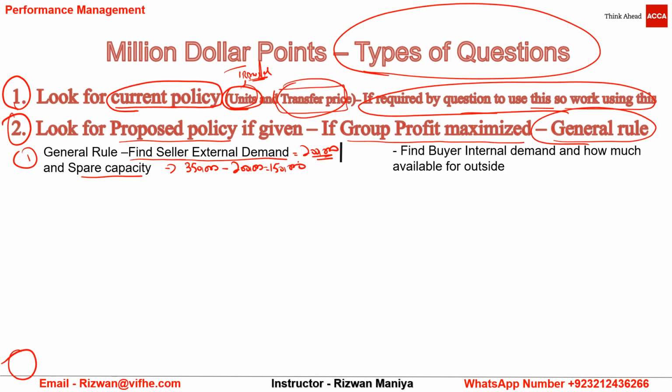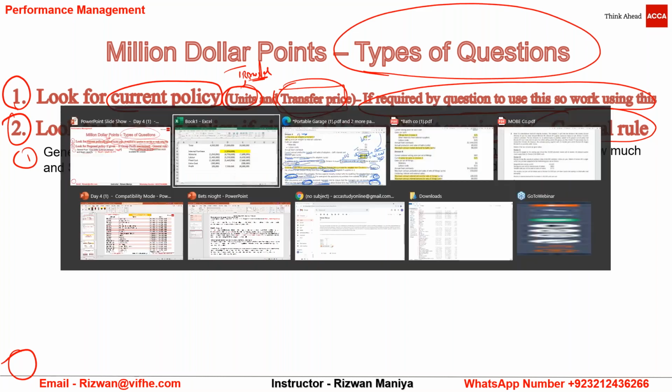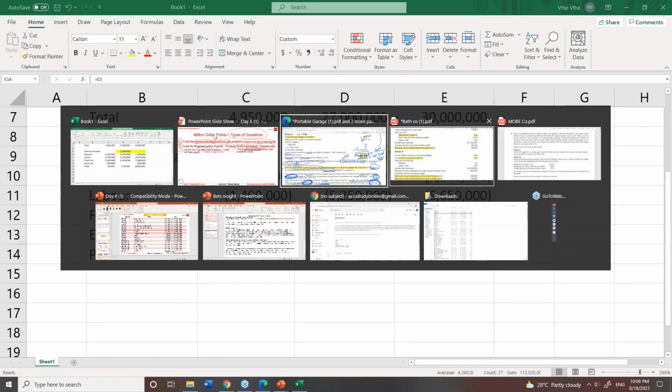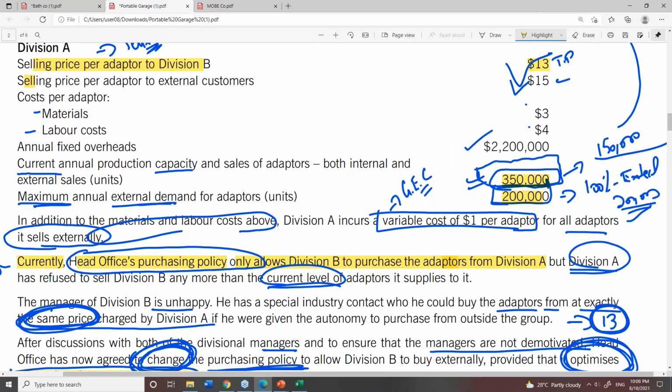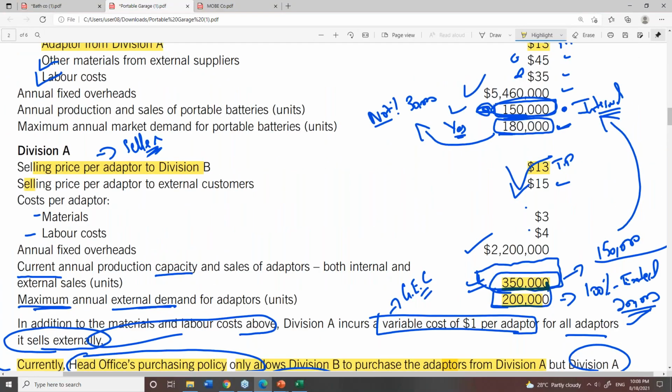For the buyer, you also look at how much the buyer wants. How much is the buyer's internal demand? Looking at the question, the buyer wants 180,000. That's a separate thing he's not getting, but he wants 180,000.